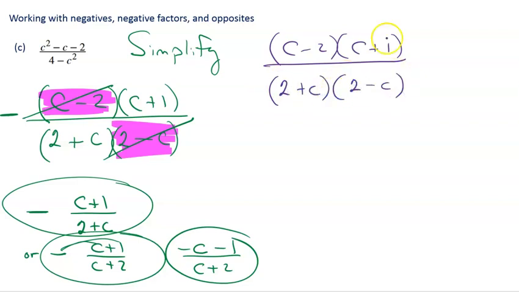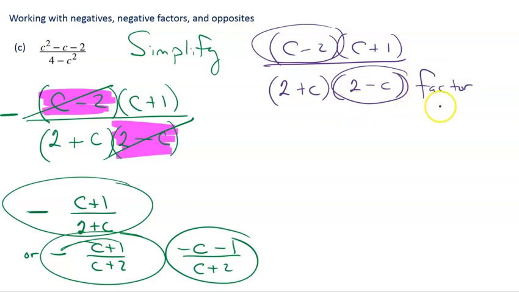Now I'm looking, and I don't see another c plus 1 anywhere. I don't see another 2 plus c anywhere, okay? But this guy right here and this guy right here look very similar. Now, if I factor out a GCF of negative 1, and you know what I mean by GCF, greatest common factor, of negative 1 out of here, watch what happens.